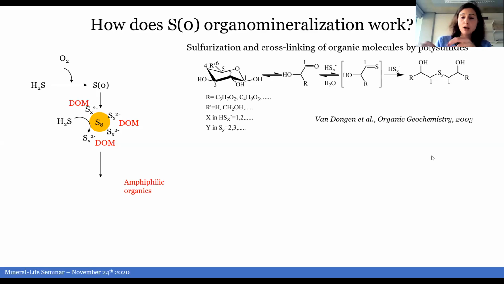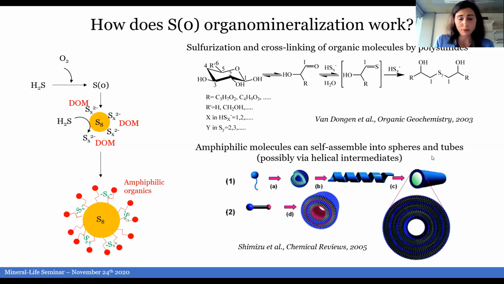So it has a long carbon non-polar tail and a polar head, like a carboxylic group. You may know that these amphiphilic molecules are known to self-assemble into vesicles. They can form spheres, and they can form tubes. They can even form helical tubes. And we think that through this process, the organic envelope around the sulfur is formed.